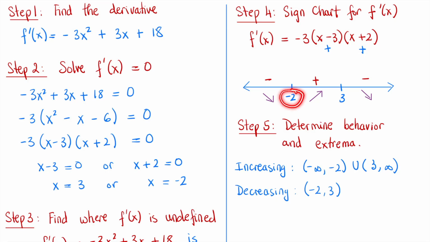To find the actual local minimum value, I need to take -2 and plug that into the original function to find f of -2.